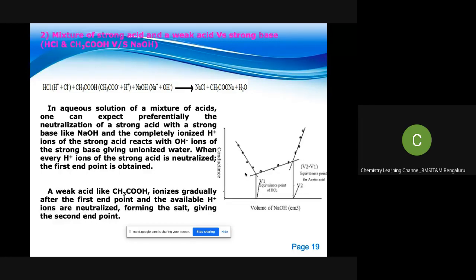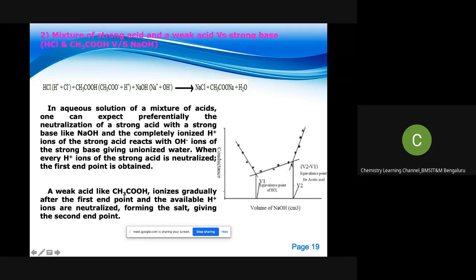So as the sodium acetate is forming, as the salt is forming, the conductivity value will go on increasing slightly. Once all the acetic acid is neutralized, we are still adding NaOH, right? Until when we are adding NaOH? Until we get back the first reading. So we are introducing excess of NaOH.